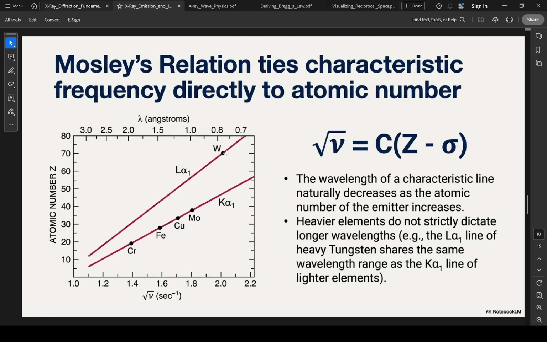That is because L alpha 1 generally has lower energy than K alpha, but due to the very high atomic number of tungsten, it is able to fall in this same range. So this relation is true only for a particular characteristic line like the K alpha 1 line.